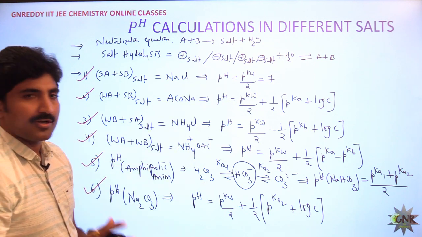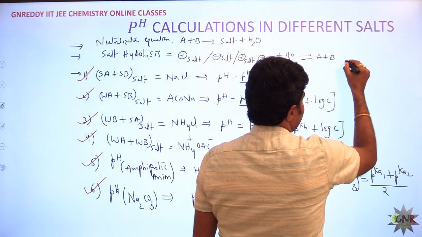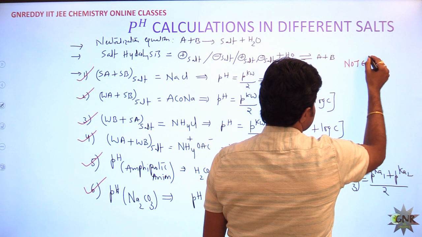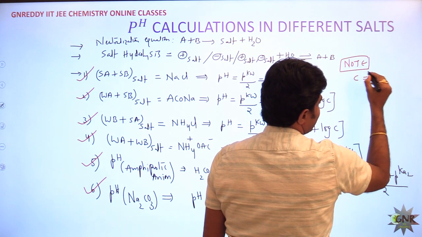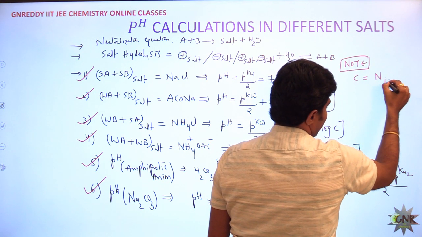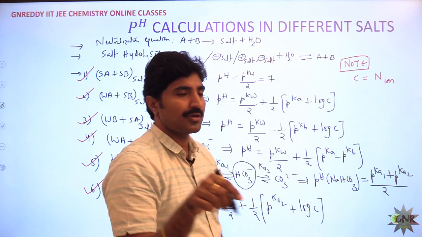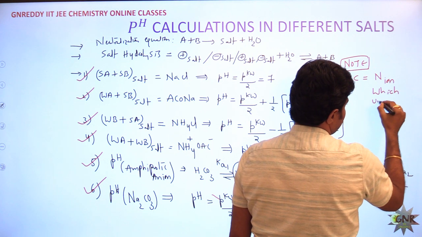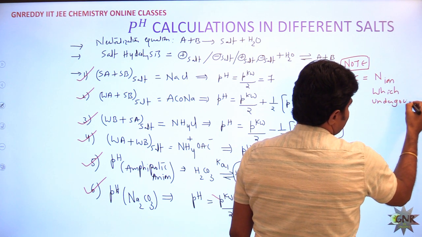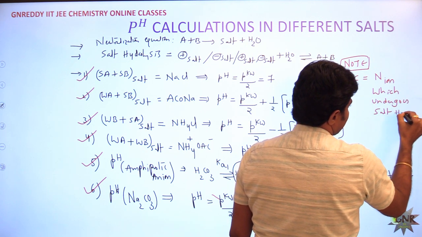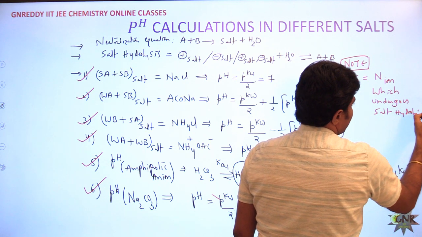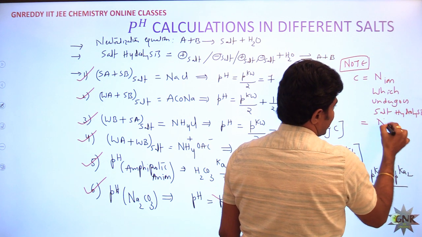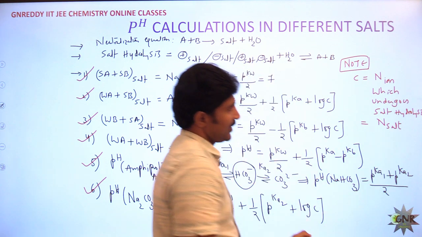If you look at these formulas where the concentration C is there, this C is actually the normality of the ion which undergoes salt hydrolysis. According to the law of chemical equivalence, it is simply taken as the normality of the salt only. Don't take the molarity.